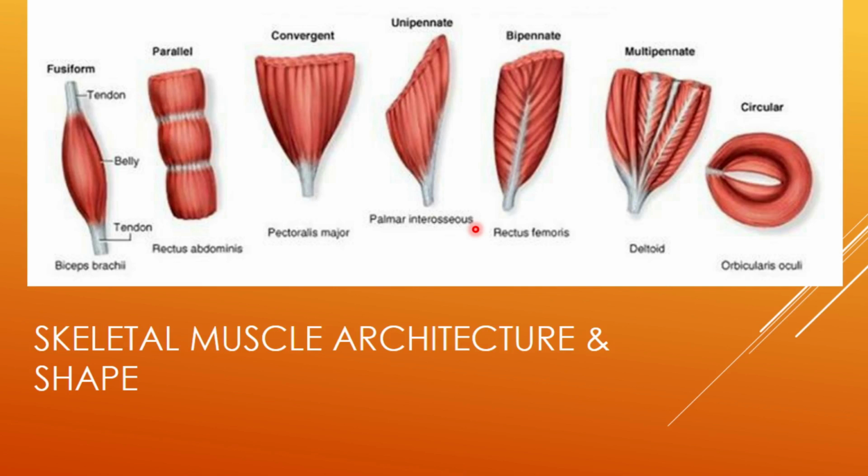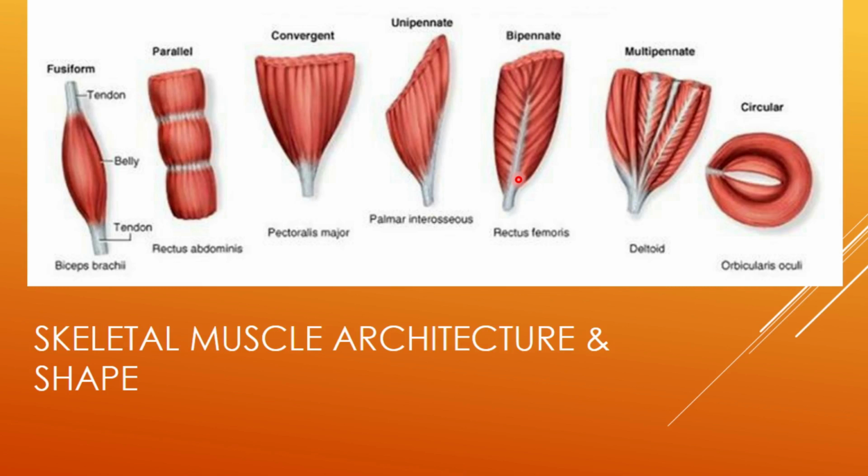Then bipennate, as I already mentioned, has this central tendon, and then coming from two sides you have obliquely orientated muscle fibres coming to attach onto that tendon. A nice example of a bipennate muscle is the rectus femoris muscle, one of your quadriceps muscles in your thigh.